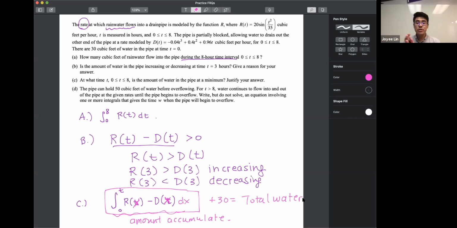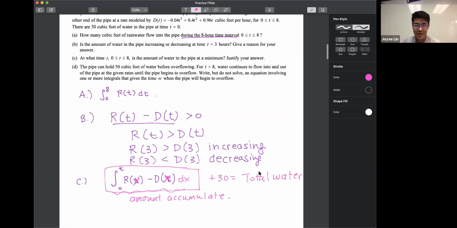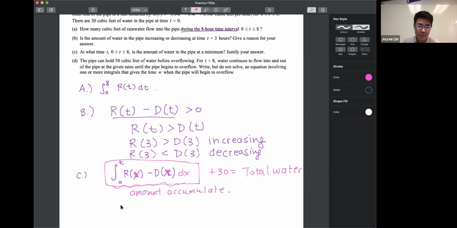And it doesn't matter which one you use because we're trying to find the critical values. Right, so we find the critical values by taking the derivative of this function. So we set r of t minus d of t equal to 0, right? These would be your critical values. When we take the derivative, the 30 goes away, right? So find critical values here.